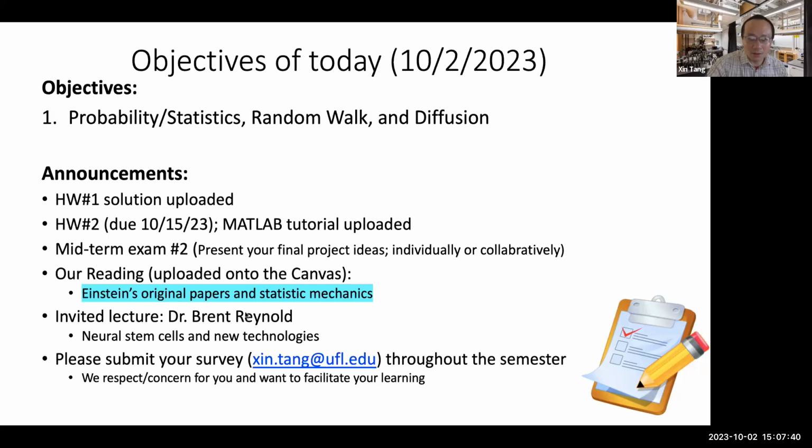Dr. Brent Reynolds is the expert on neural stem cells as well as glioblastoma, brain cancer. He will talk about this and also some new technologies he developed to study normal physiology and cancer biology.